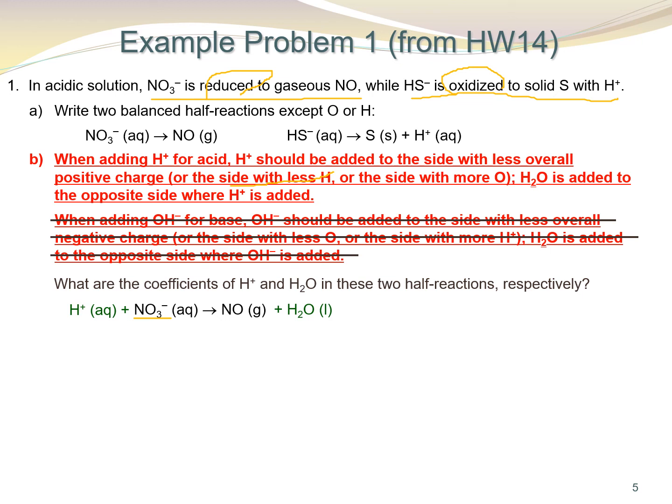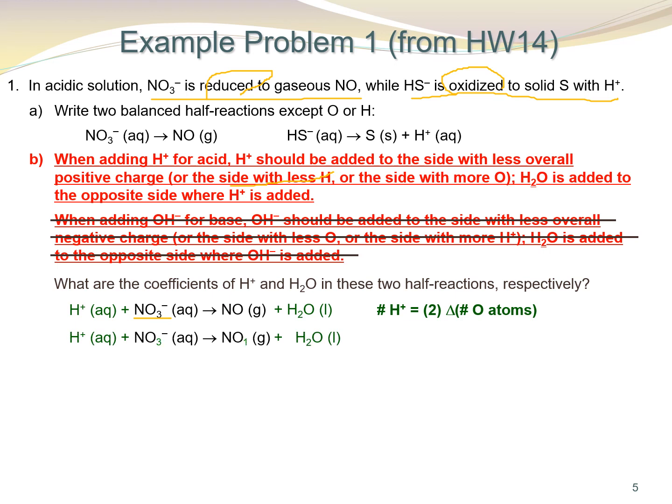But here, I'll let you know there's a shortcut. The shortcut is we can figure out the coefficient of H plus by checking the difference of oxygen atoms. Alright, so let's see how it goes.